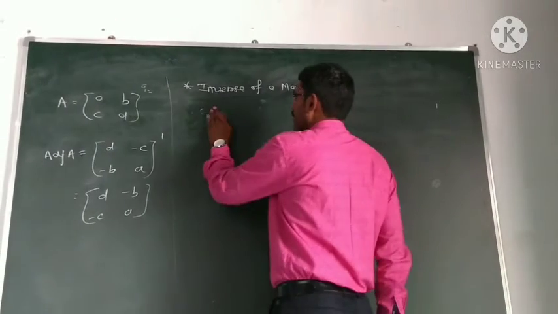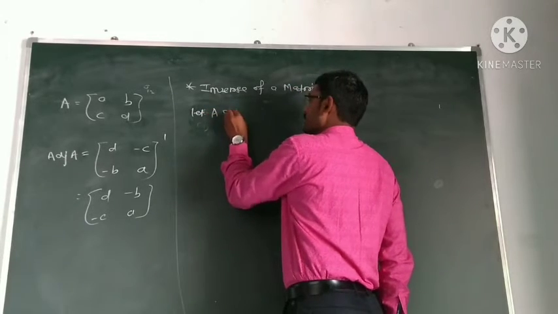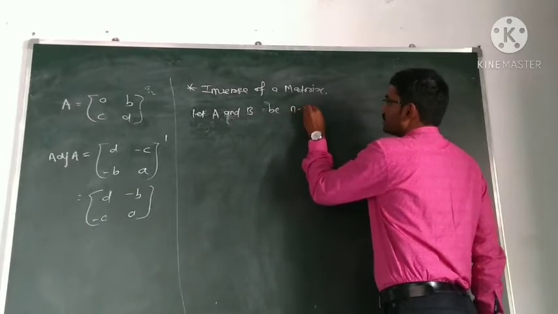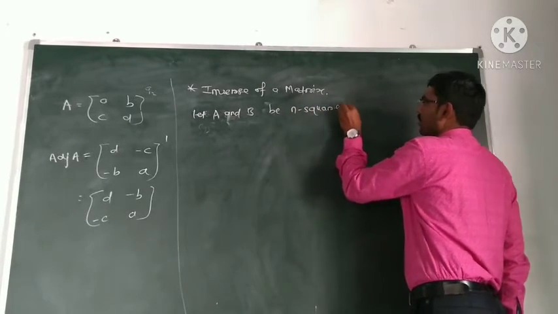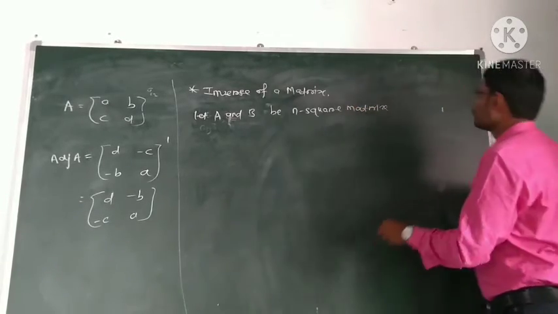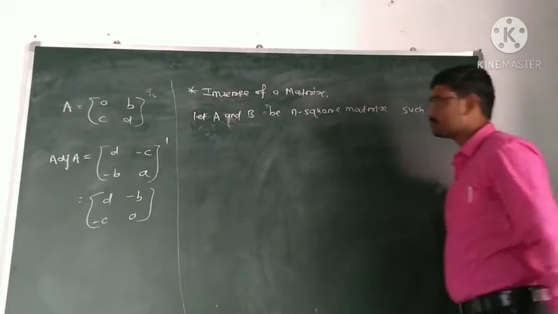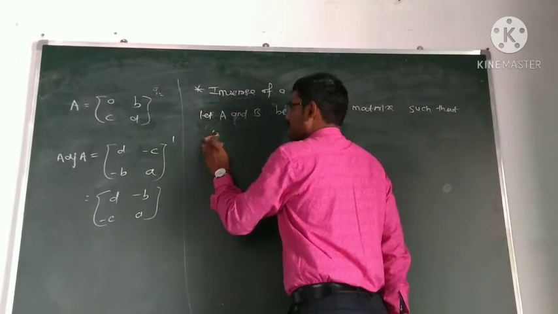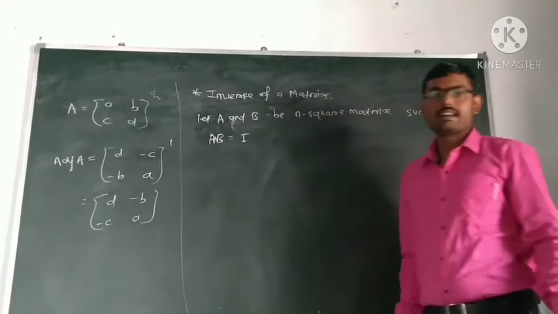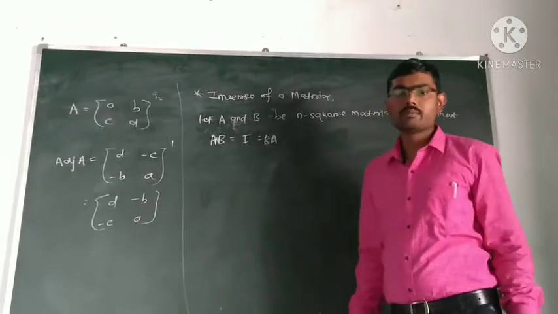Let A and B be n square matrices such that A into B is equal to the identity matrix, and B into A is also equal to the identity matrix.